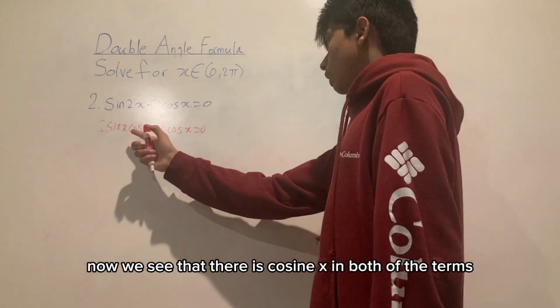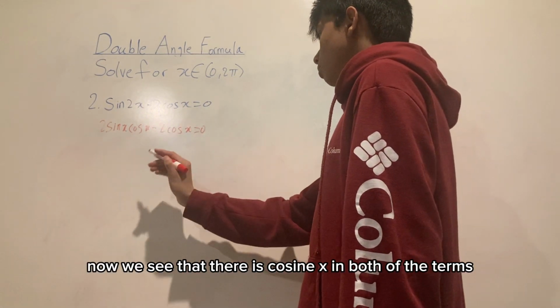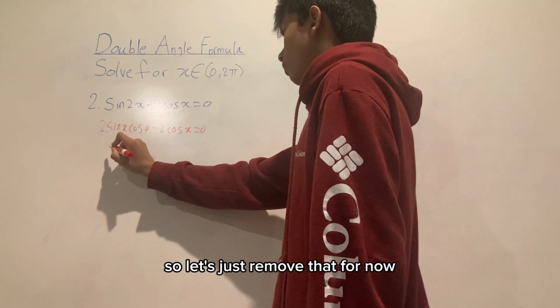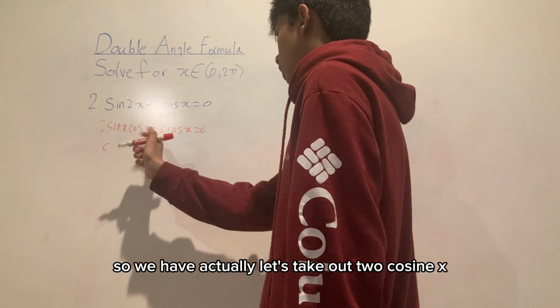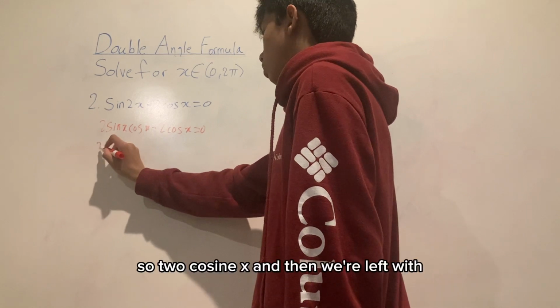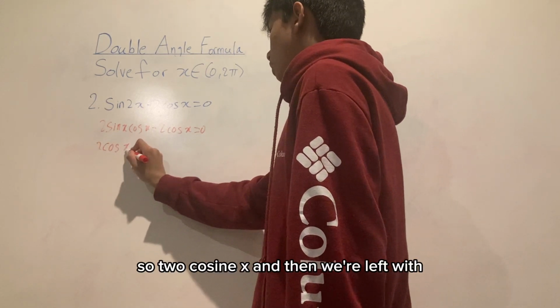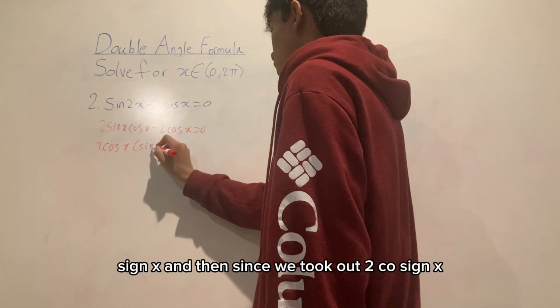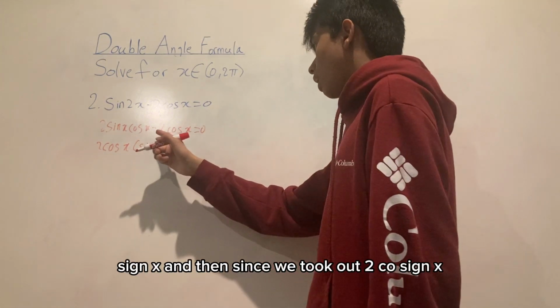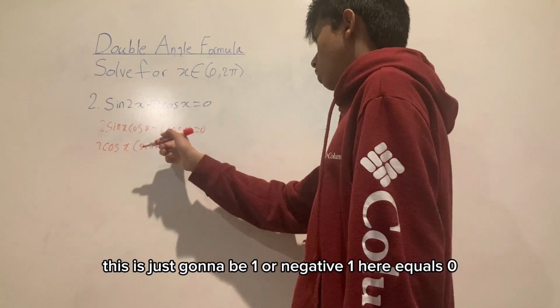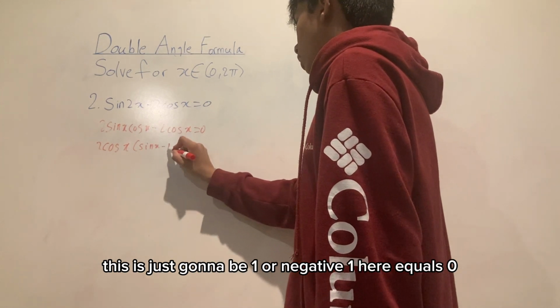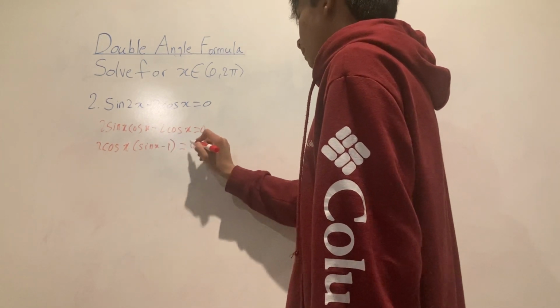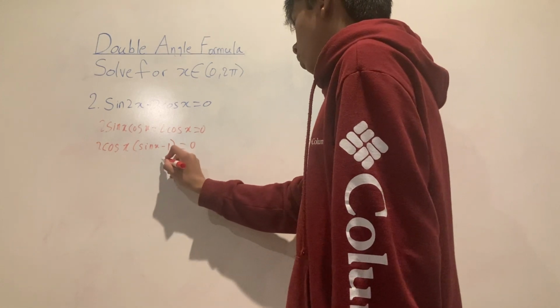Now we see that there's cosine x in both of the terms, so let's take out 2 cosine x. So 2 cosine x, and then we're left with sine x minus 1, equals 0.